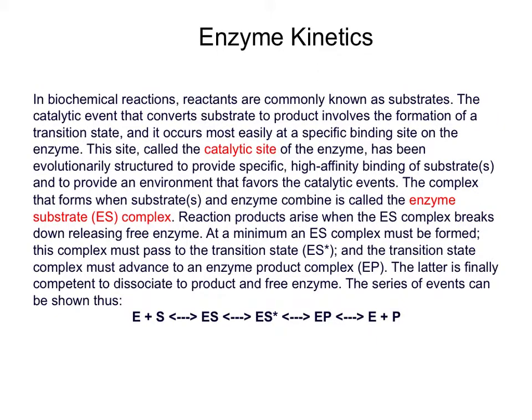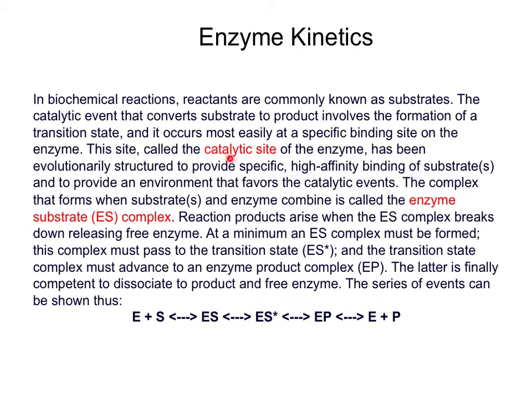So in biochemical reactions, reactants are commonly known as substrates. The catalytic events that convert substrates to product involve the formation of a transition state, as was discussed before, and occur most easily at a specific binding site on the enzyme.